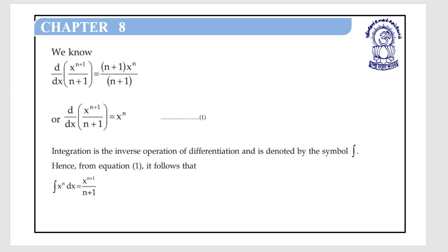We know d by dx of x raised to n plus 1 upon n plus 1 is equal to x raised to n. Here we are using the formula d by dx of x raised to n is n into x raised to n minus 1.